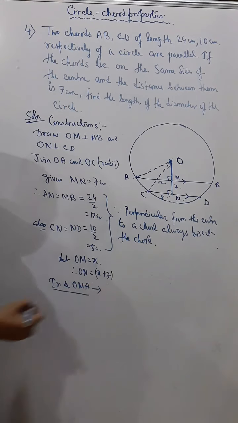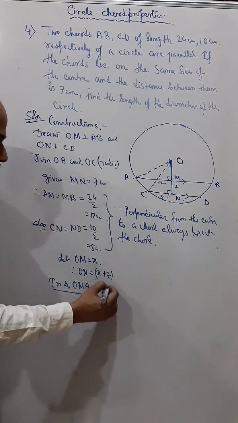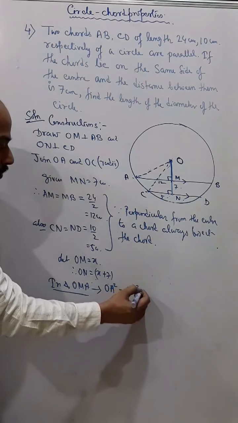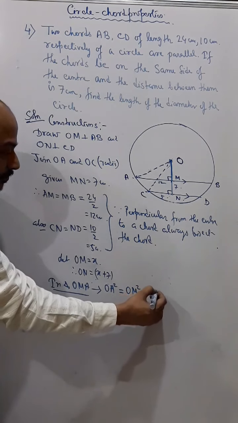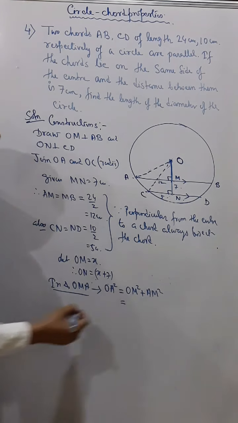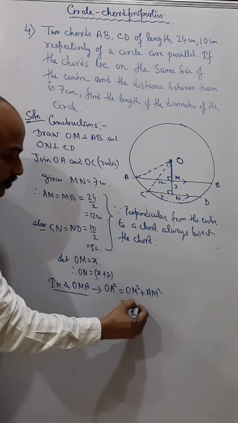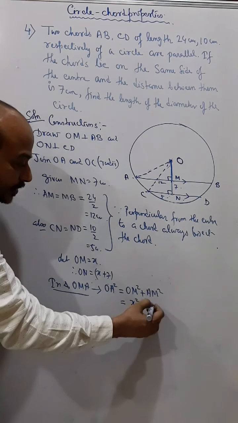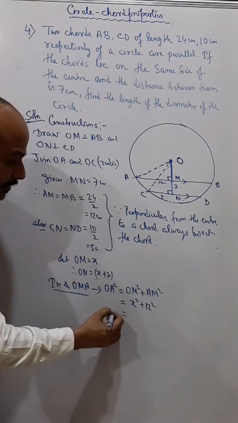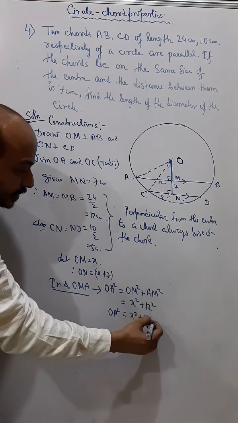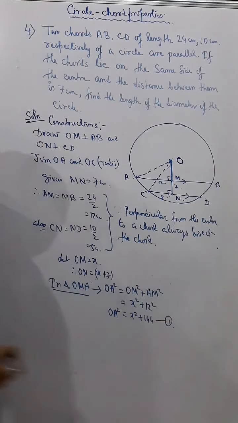In triangle OMA, I can say OA square is equal to OM square plus AM square. So OM is x square and AM is 12 square. So finally we get OA square as x square plus 144. Okay, let it be number 1.